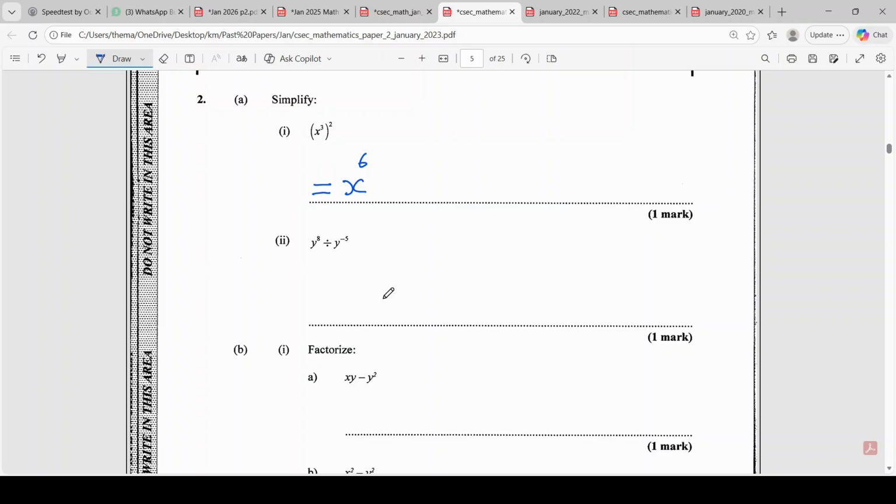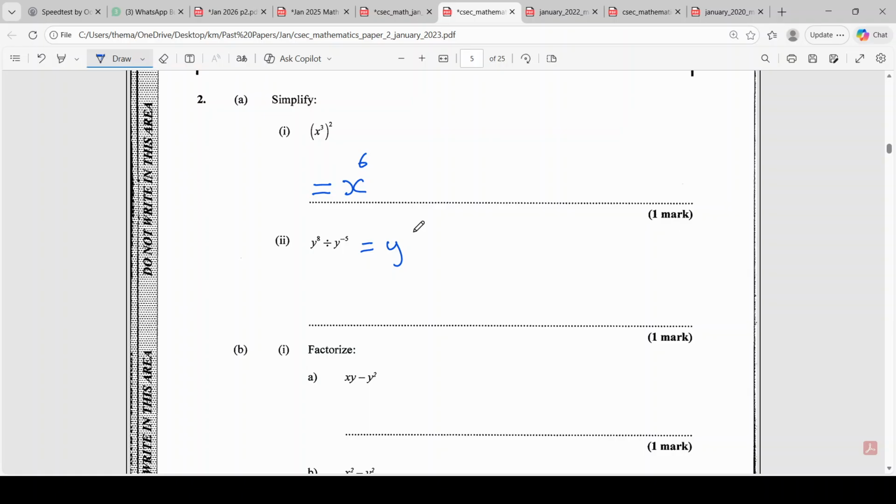Part 2. Y to the power 8 divided by y to the power negative 5. What am I going to do? You're simplifying.